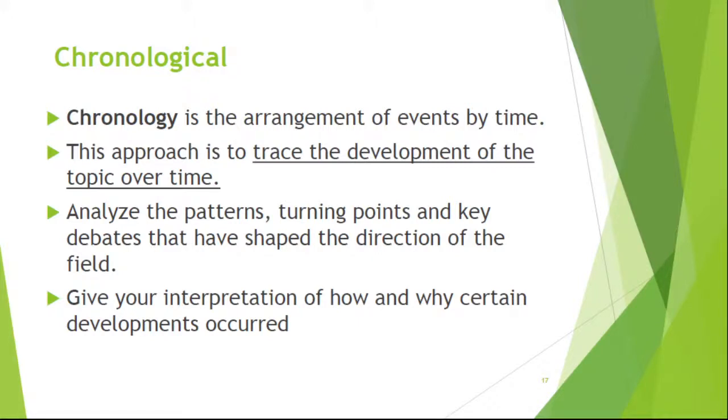So if you find your literature review needs to be organized chronologically, you have to show how the research has evolved over time. So you use a chronological approach. You analyze the patterns, the turning points, the key debates. Even though using this chronological approach, you give an interpretation of how and why certain developments occur.